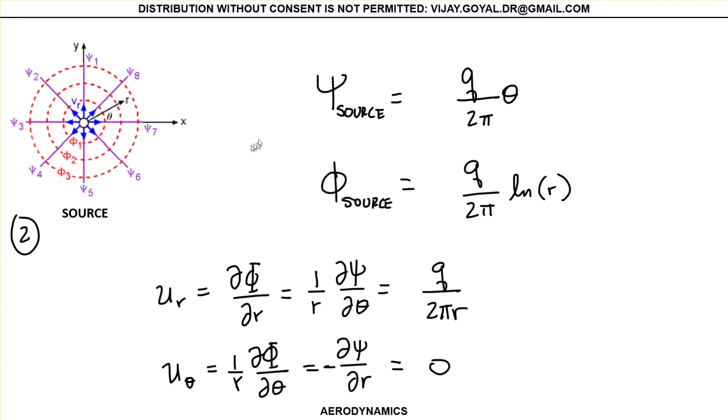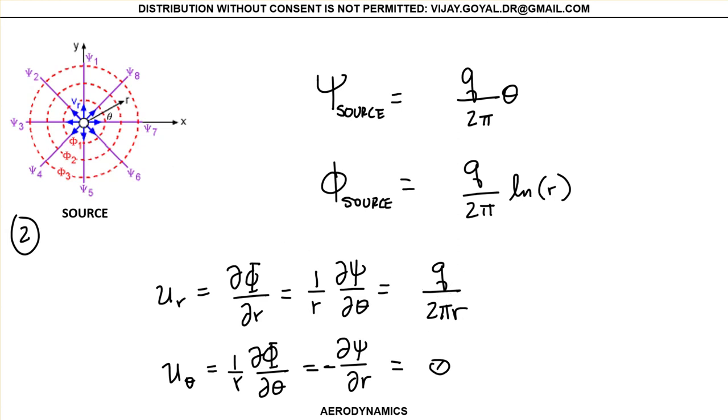Then these are the equations that you get for the source, the potential for the source, and the stream function for the source. The velocity u_r and u_theta using cylindrical coordinates give you q over 2 pi r. This is 0.